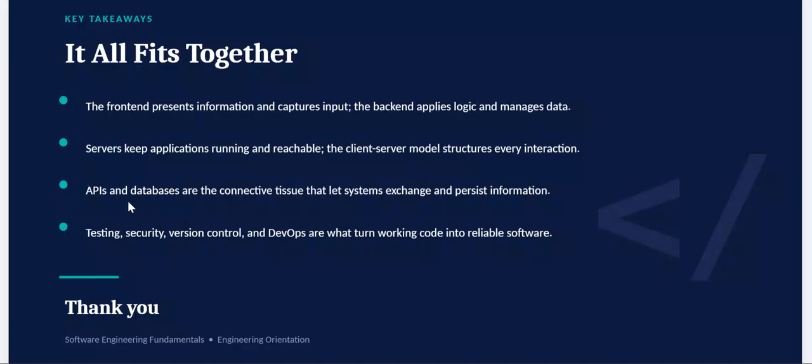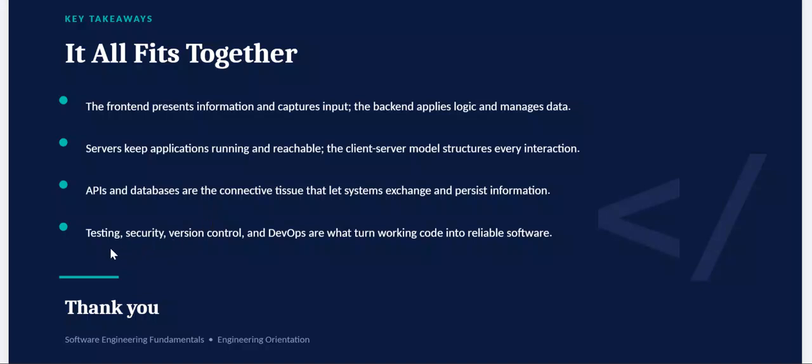APIs and databases are the connective tissues that let systems exchange and persist information. APIs, like we said, connect the front end to the back end, and the back end to the DevOps. So they connect the entire system for it to exchange and persist information.